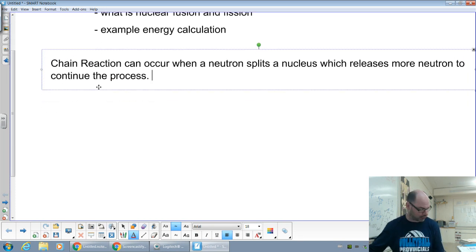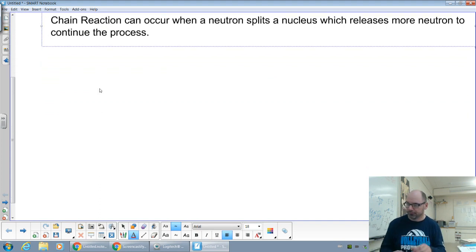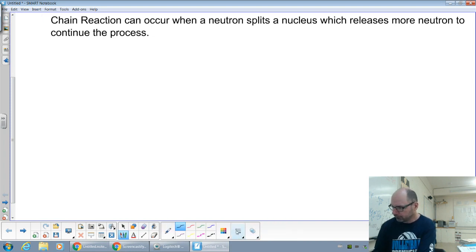So if we have a neutron, let's draw it out here. A neutron is just a nuclear particle, and it's a slow-moving neutron.